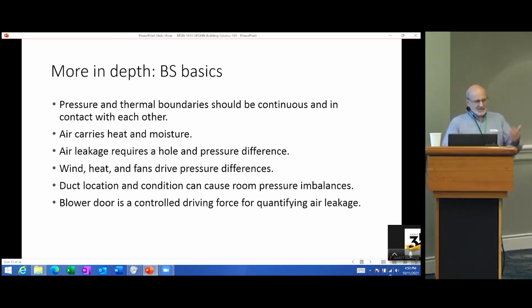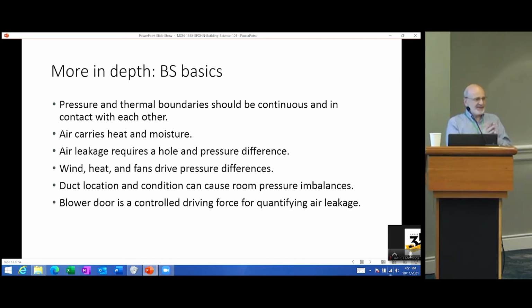So just in review here, the pressure and thermal boundary should be continuous. Having them in contact with each other is the best way to do it. Air carries the heat and moisture, which are some of the things you need to keep under control. Air leakage requires a hole and a pressure difference. That's what we showed with the gypsum there.